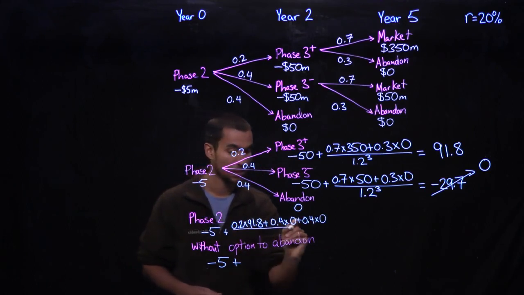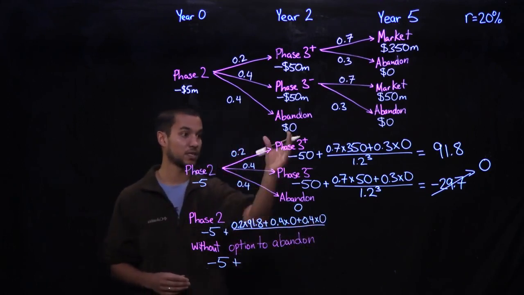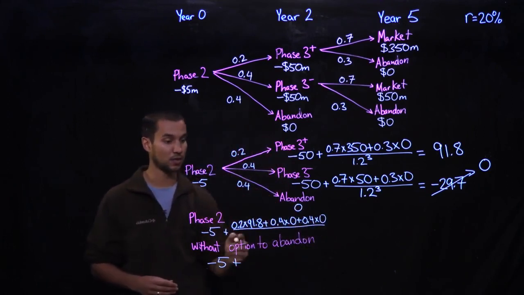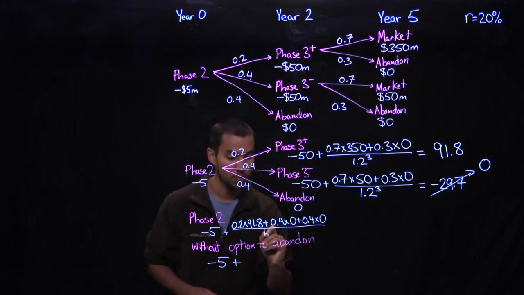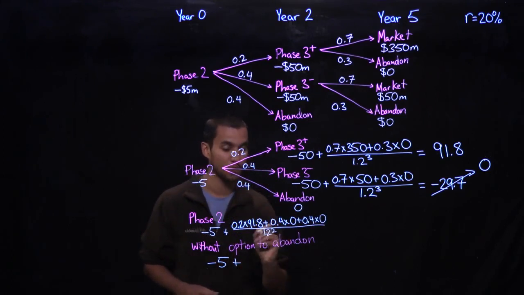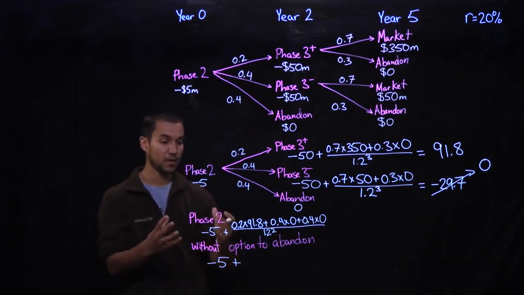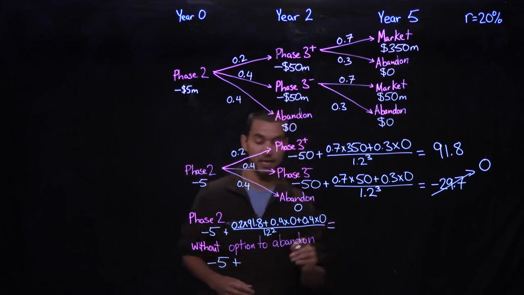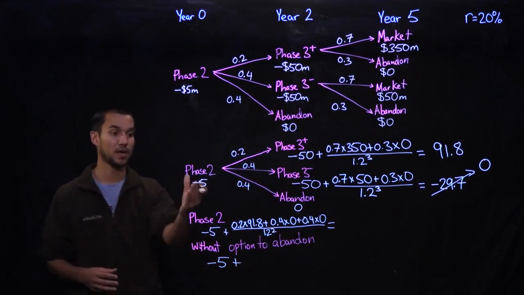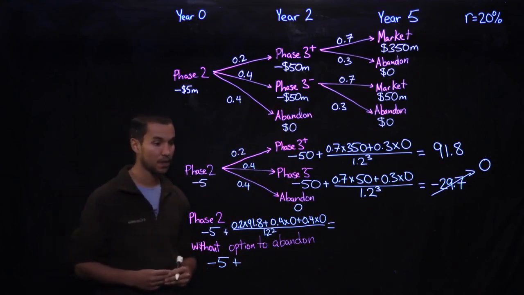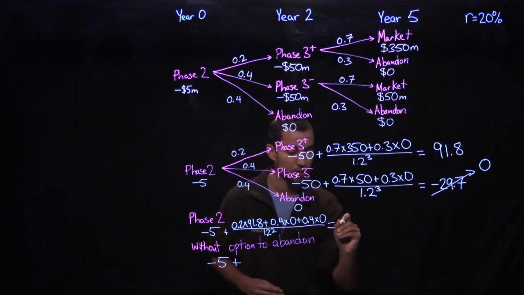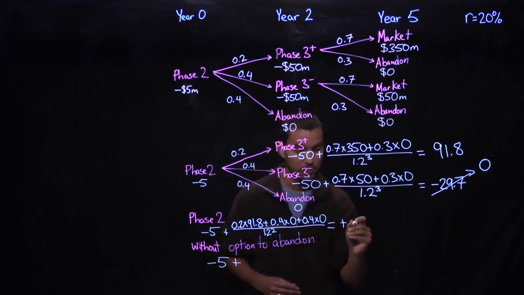And again, we're going to have to discount this expected cash flow back to year 0. And so we divide by 1.2 squared. And when we evaluate this expression, we see that the expected NPV of going ahead with the phase 2 clinical trial is equal to plus $7.8 million.